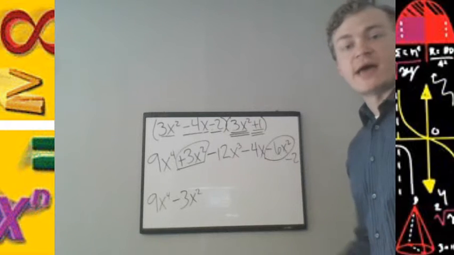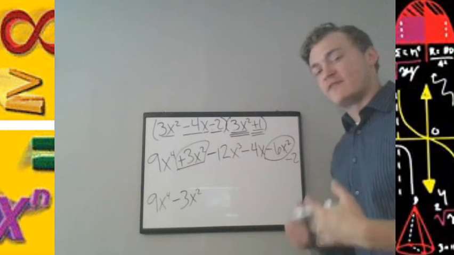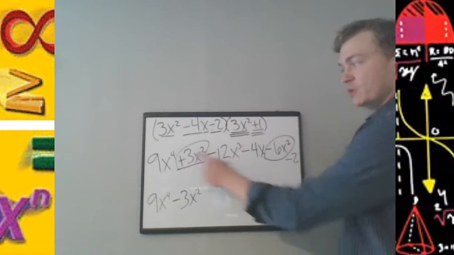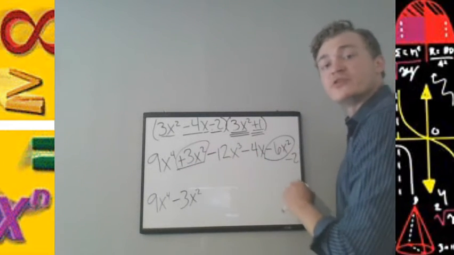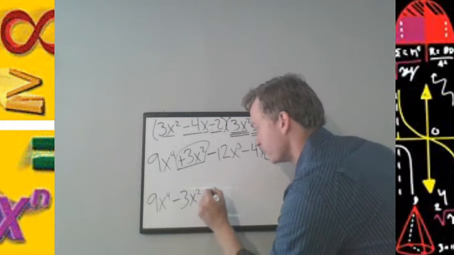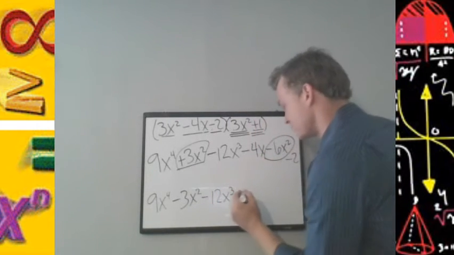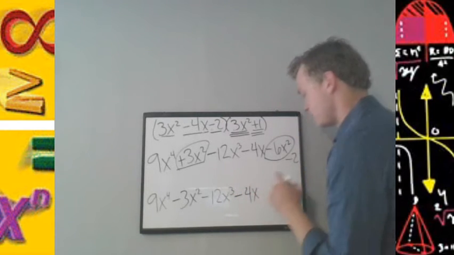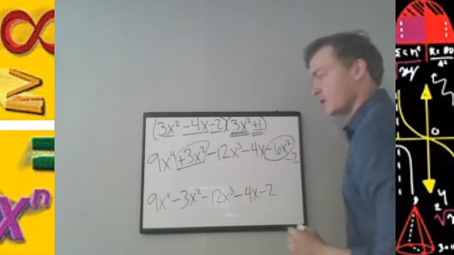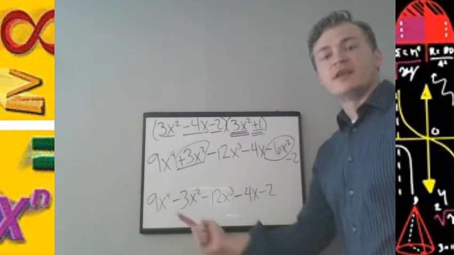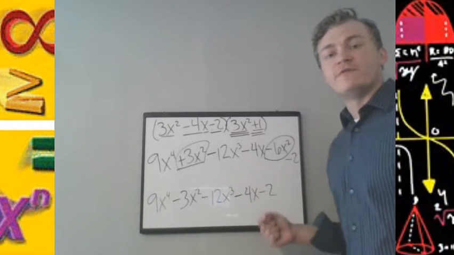How many x squareds do we have? Well, 3 minus 6 is negative 3, so we have negative 3x squareds. Minus 12x cubed. There is no other term of degree 3. Minus 4x minus 2. So notice our remaining terms here all have degrees that are unlike. None of these are the same, so we are fully simplified.